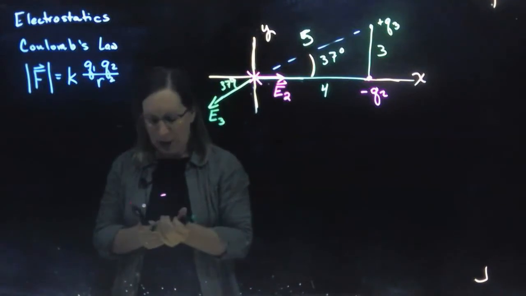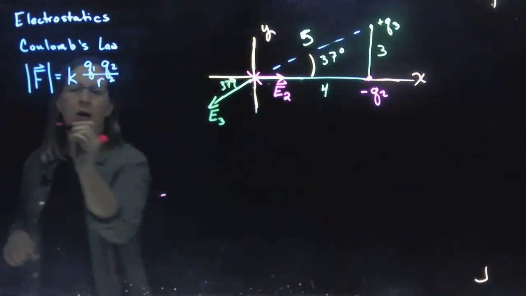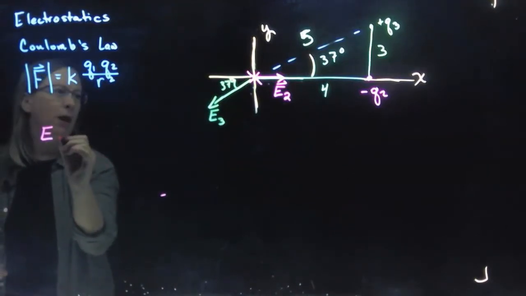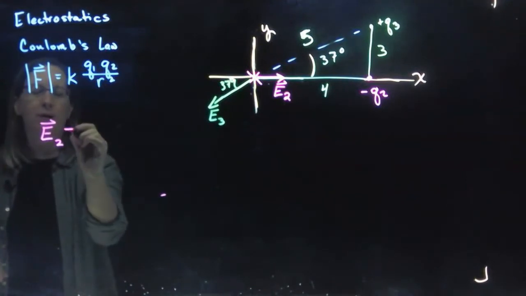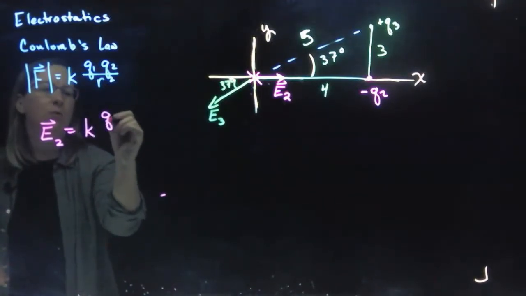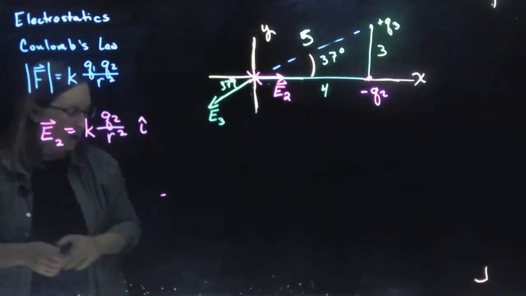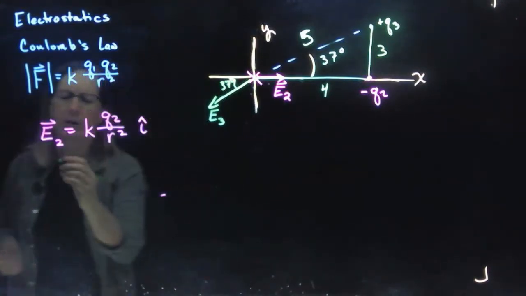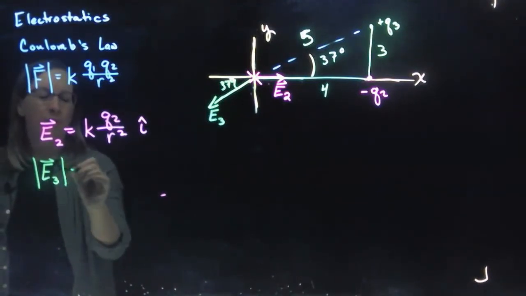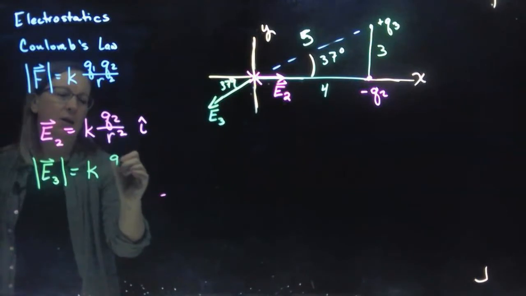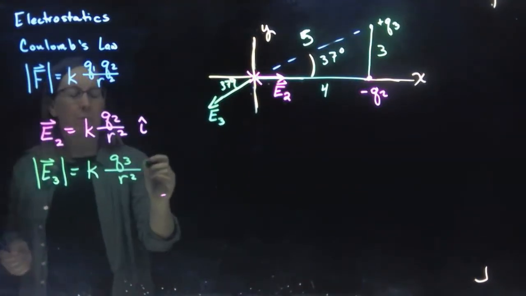And it works basically the same way we had before. Instead of the force, now we would say the electric field at 2 is just, well, we just disappeared Q1. So it's K Q2 over R squared in the I hat direction. Similarly, the magnitude of the electric field due to 3 is just K Q3 over R squared. That's the magnitude.